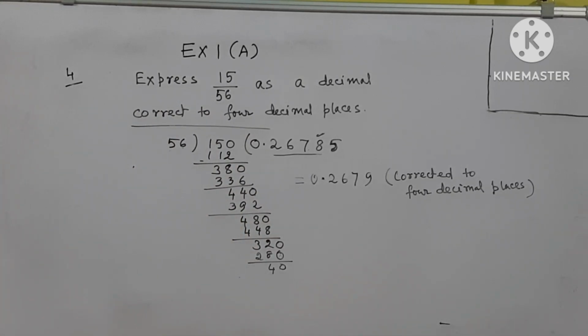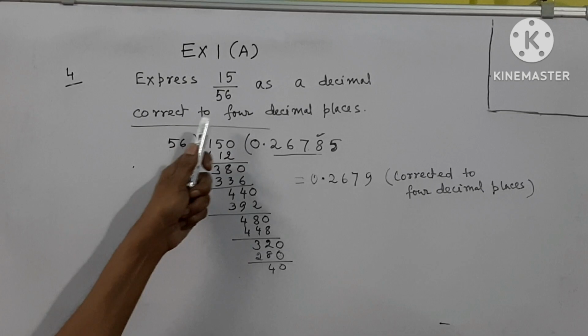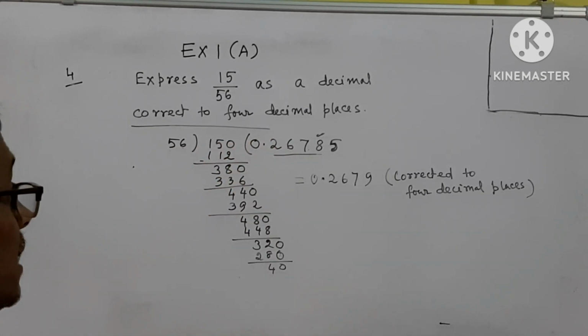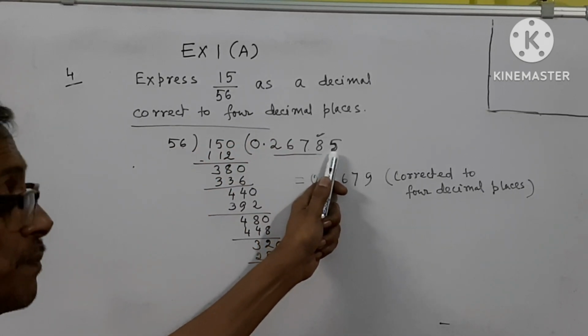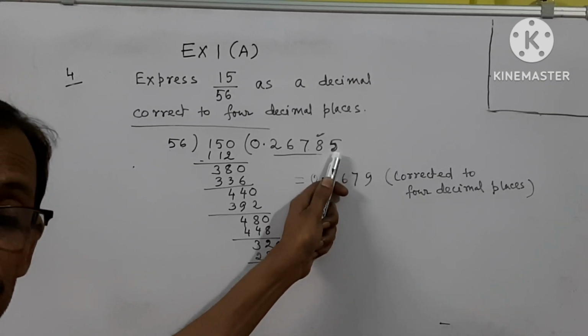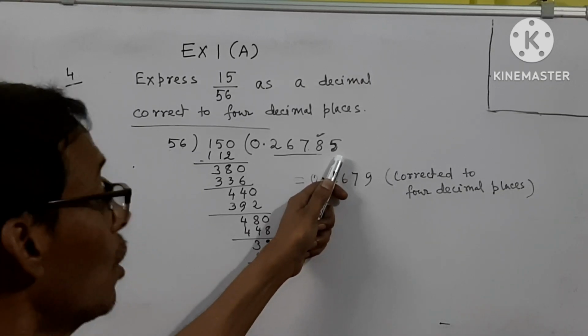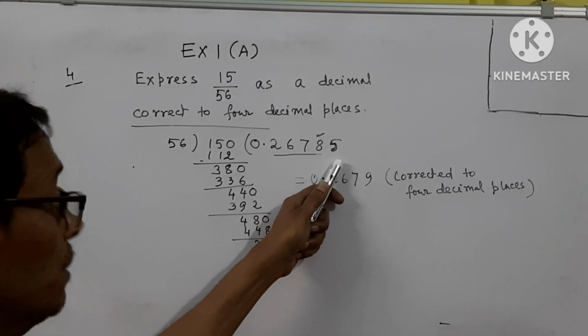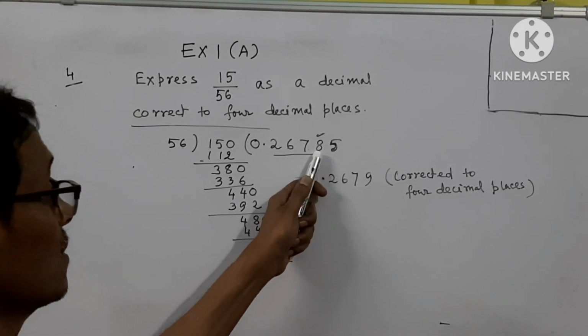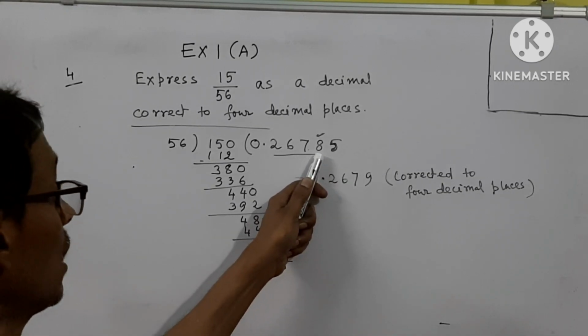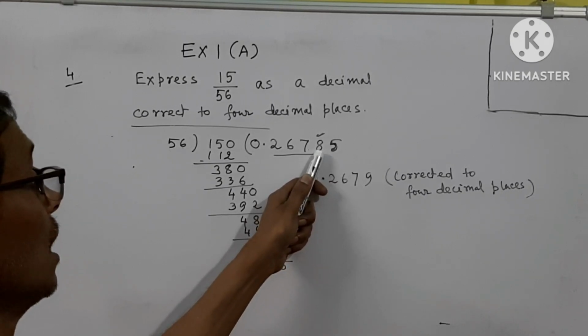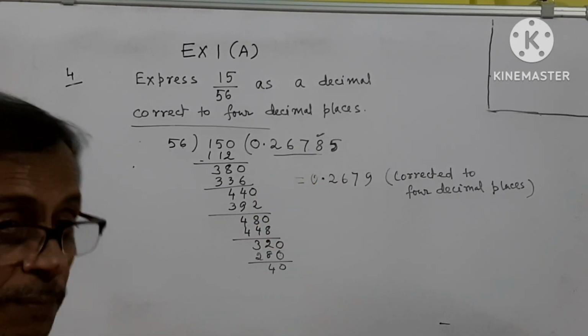Since you have to do correction to 4 decimal places, you have to see the fifth place. If the digit is 5 or more than 5, then you have to increase the fourth place by one.